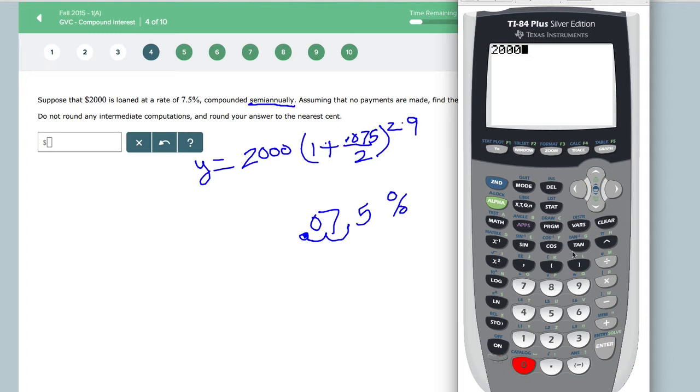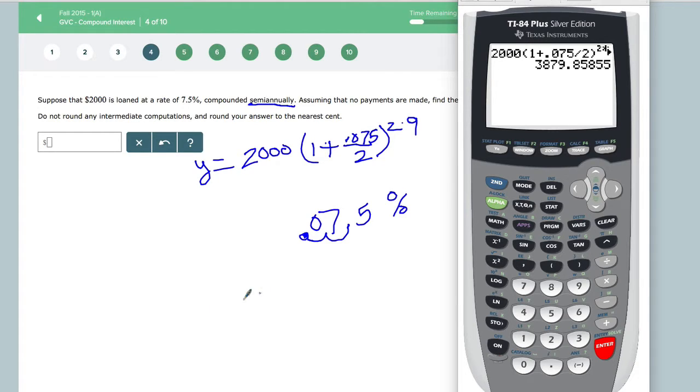2,000, parentheses, 1 plus, and 0.075 divided by 2, parentheses, raised to the 2 times 9 power, enter.